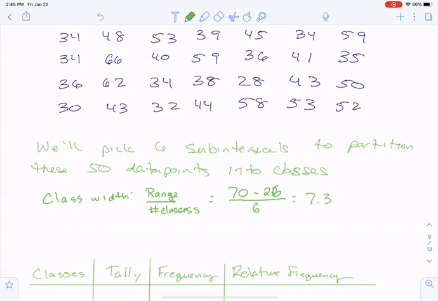We get something like 7.33. It doesn't make sense to build a class width that's a decimal length, so we'll round this. We typically round up to 8. 8 is what our class width will be, a nice integer value that I can add to everything.